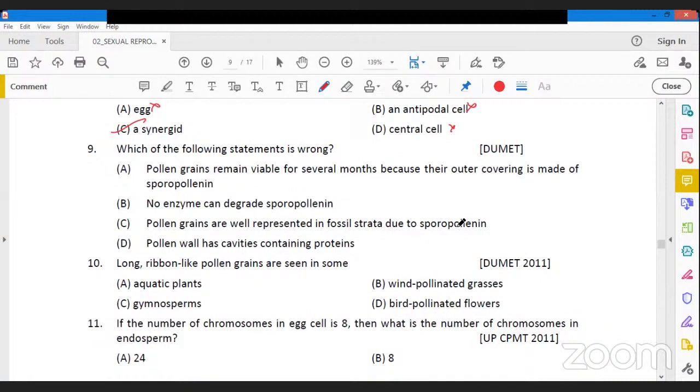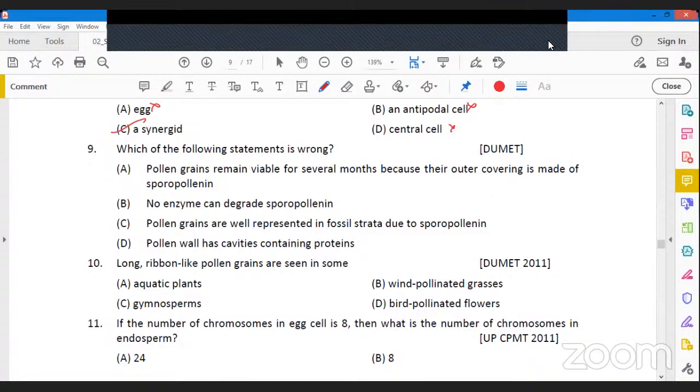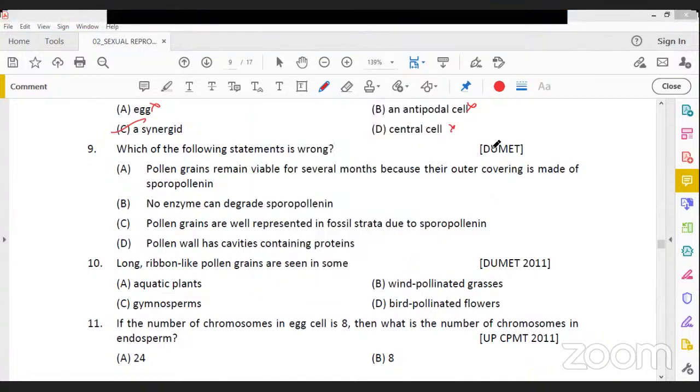Which of the following statements is wrong? Look at the options, students. Pollen grains remain viable for several months because their outer covering is made up of sporopollenin.